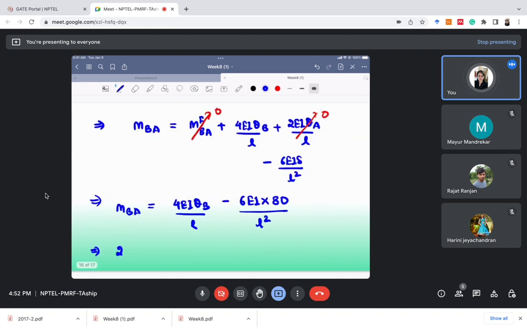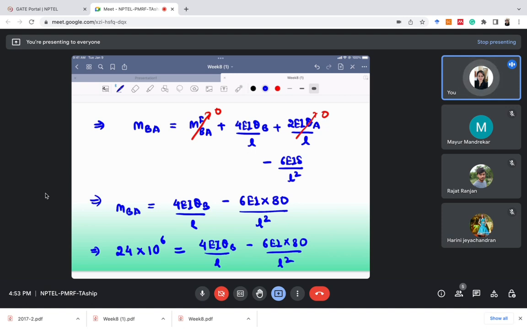But we are doing everything in Newton and mm, so we can write 24 kilonewton meter as 24 into 10 to the power 6 Newton mm. So we have 4EI theta B over L and 6EI into 80 by L square.